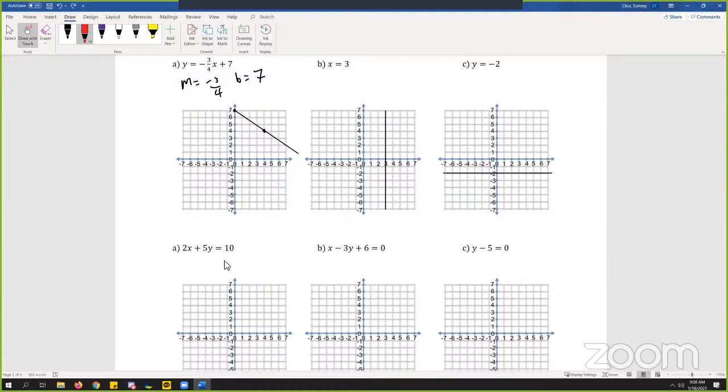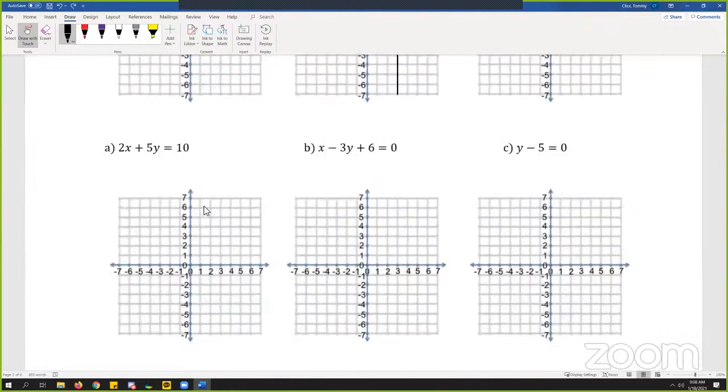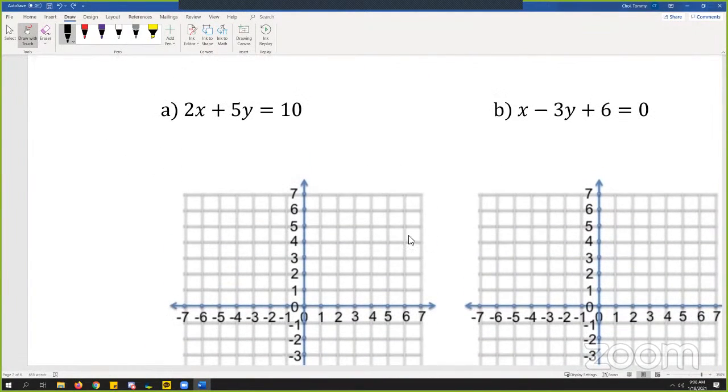So the first one here I'm going to do by solving the slope and y-intercept, which means I'm going to rearrange this equation to get y equals mx plus b. So if we get y equals mx plus b here, I'm going to rewrite this and I'm going to get 5y is equal to 10 minus 2x, moving this to the other side.